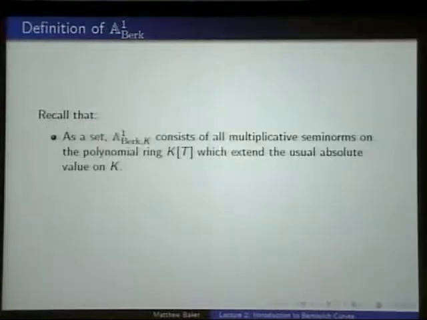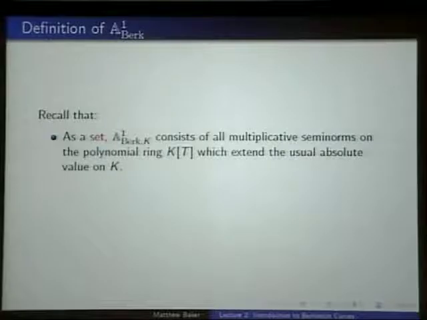And recall that as a set, we defined the Berkovich affine line to be all multiplicative semi-norms on this polynomial ring which extend the usual absolute value on K. Now this is somehow a direct construction of the Berkovich affine line.